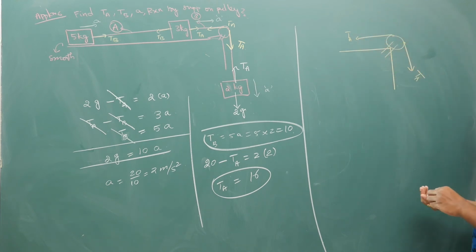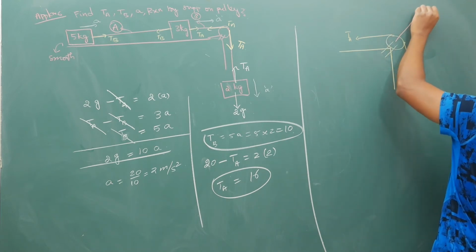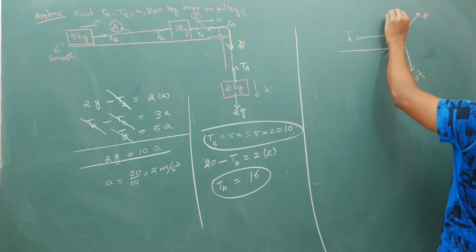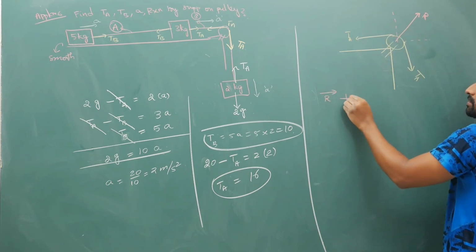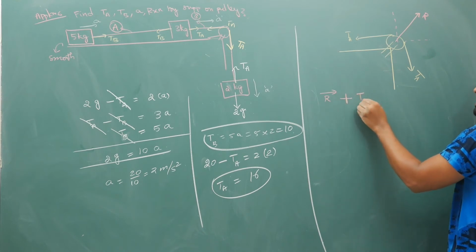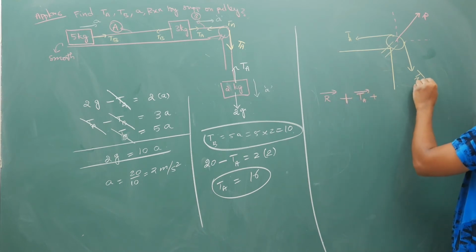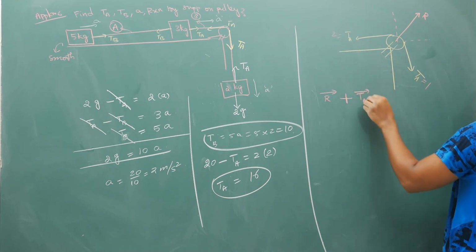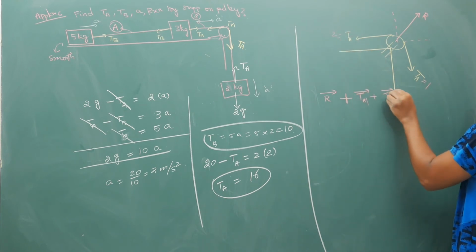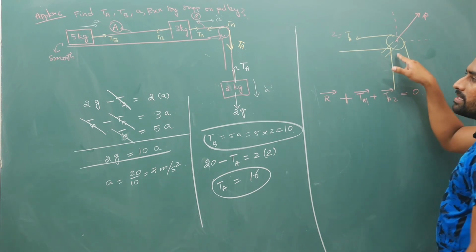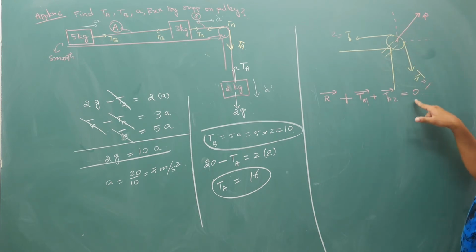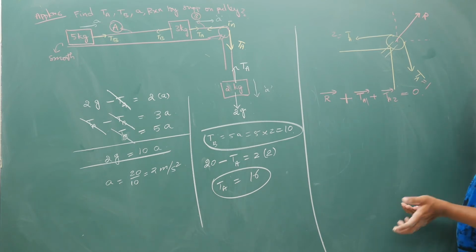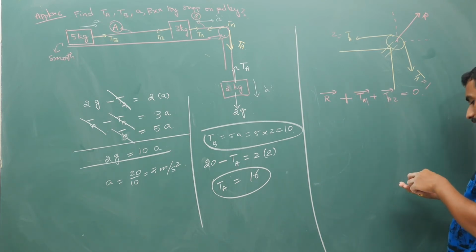Now to balance this, your reaction by the support on the pulley will act in somewhat this direction, so that your reaction plus your tension TA, which is downwards if it is some 1, and if this is some 2, TA1 bar plus TA2 bar together will cause this pulley to be at rest. Okay, mass of this pulley is 0, so net force is 0, even though it is accelerating. F equal to ma, if m is 0 means force is 0.